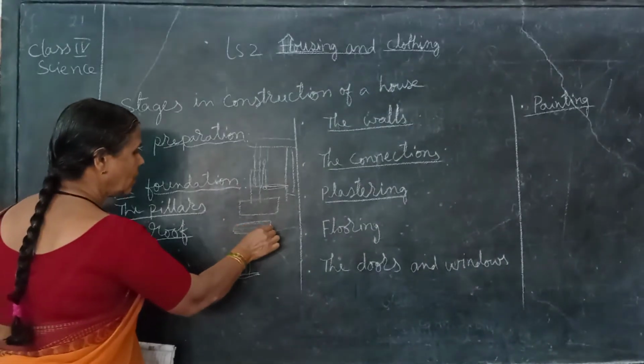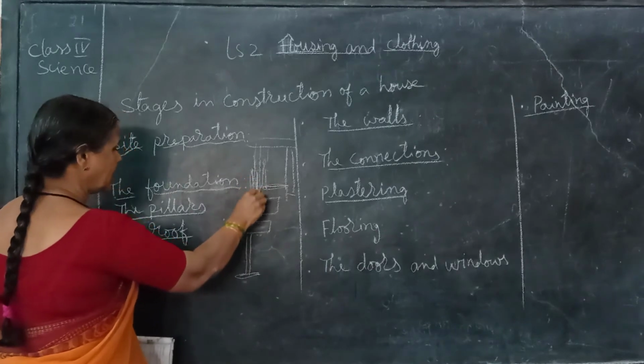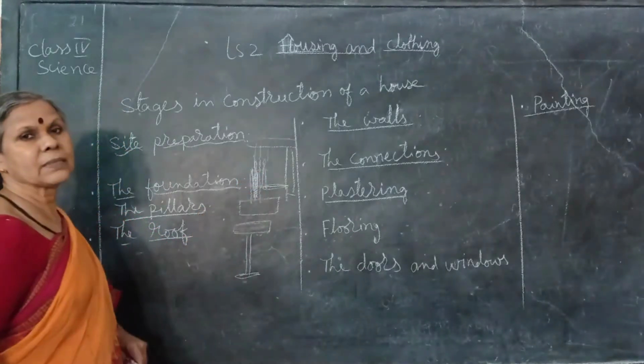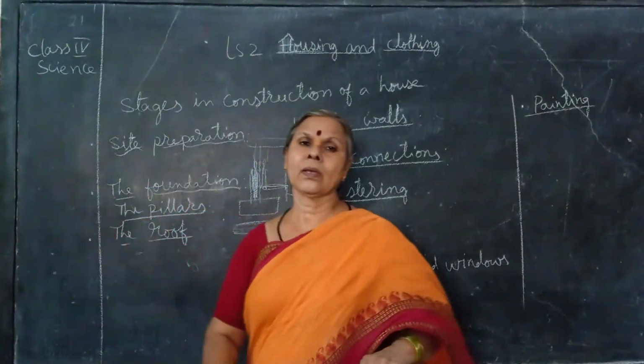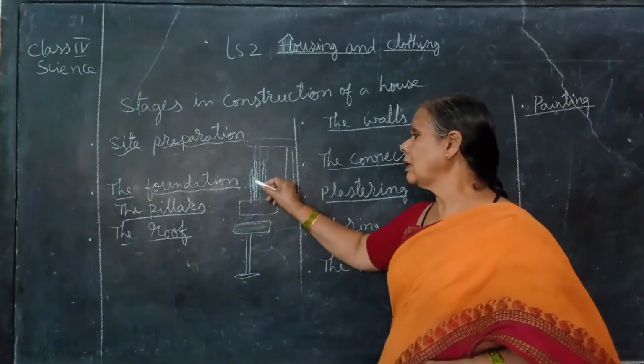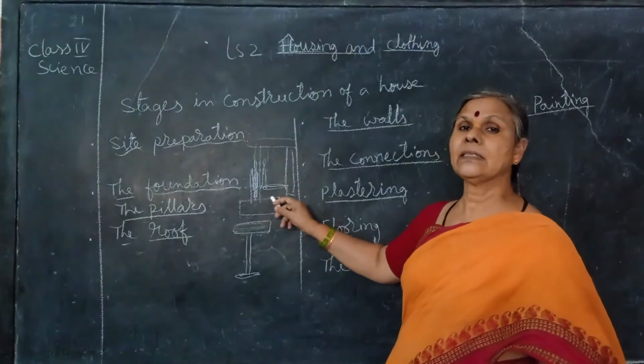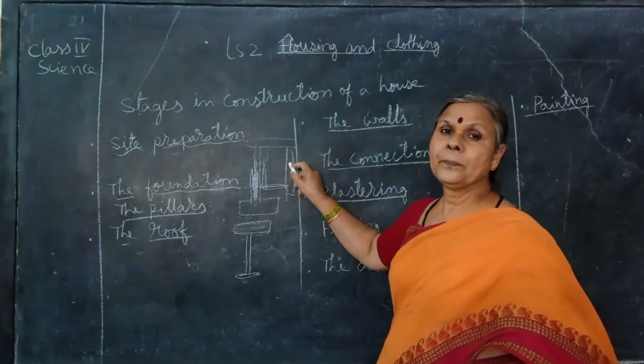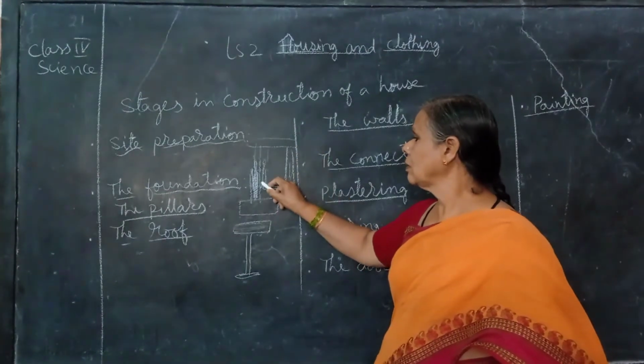These are the rods. In between this, the pillars are there. In between this, the cement and gravel, small stones. This is the mixture of this. They will pour and keep those pillars.